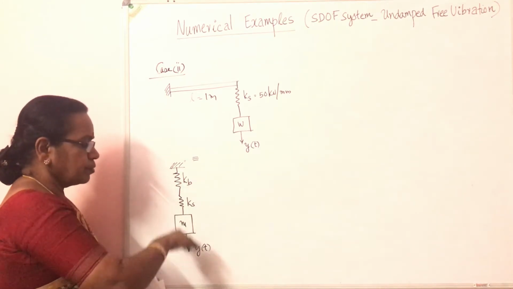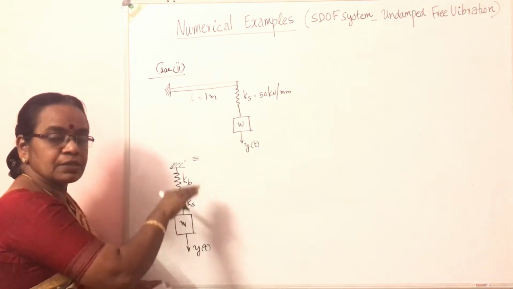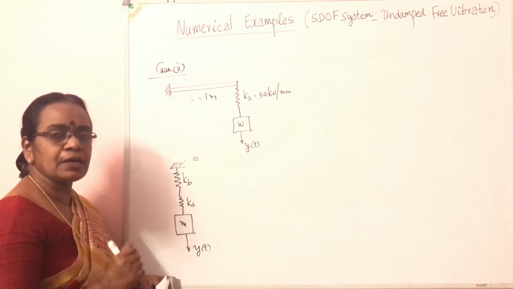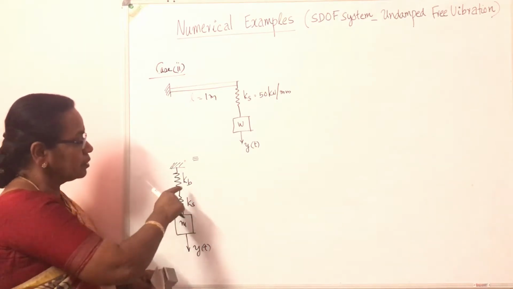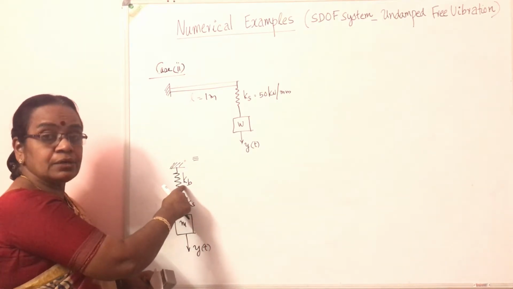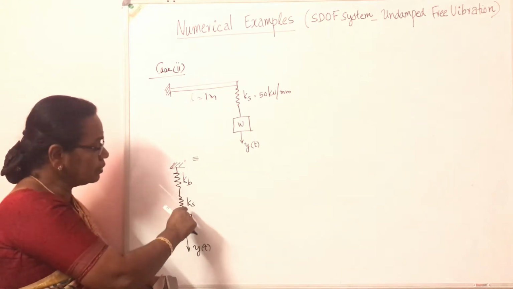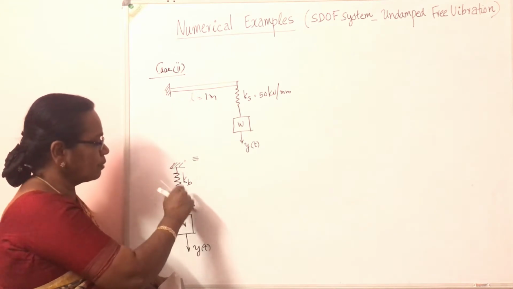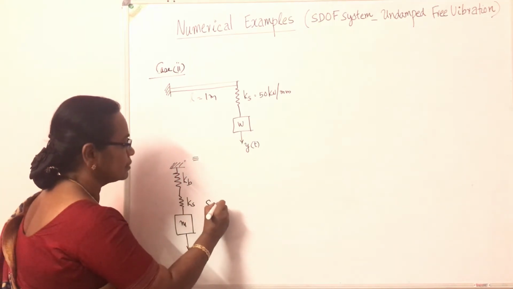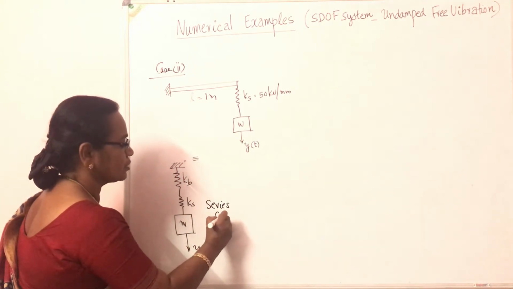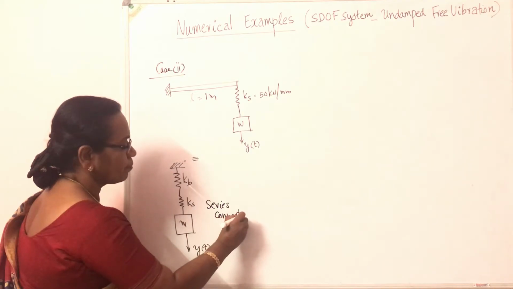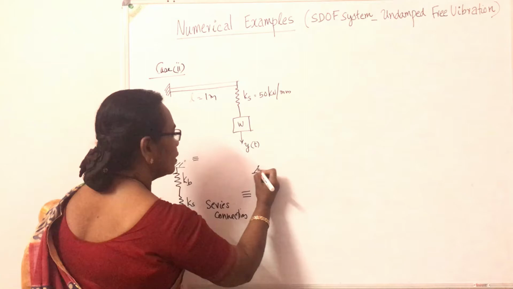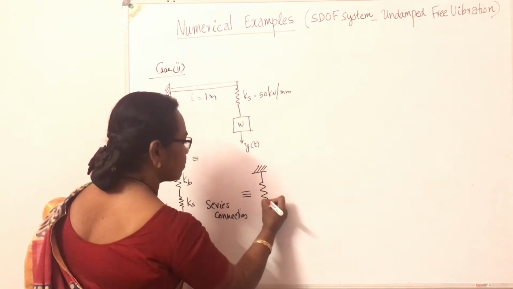When the mass is set to vibration, both these springs will undergo different amounts of deformation. This one will undergo a deformation y1 according to its stiffness, and this one a deformation y2 according to its stiffness. So this can be treated as a series connection, springs in series. These two can be replaced by one equivalent single spring.